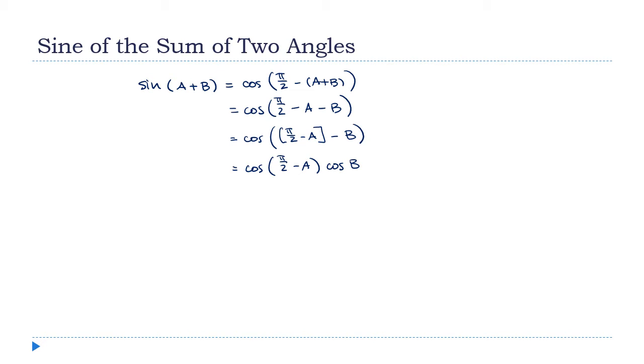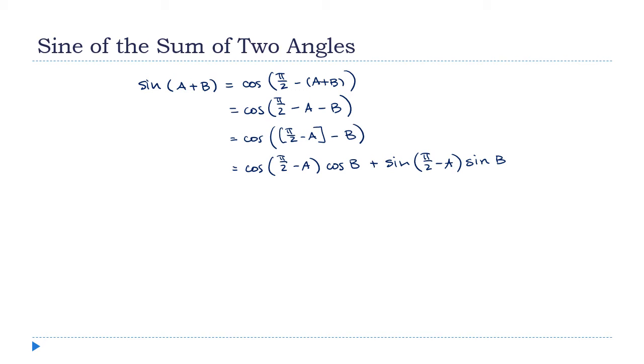Remember what we just talked about. The signs are reversed. So since I have minus in the original, I'm going to do plus down here. The sine of pi over 2 minus A times the sine of B. And now I'm going to use my cofunction formula again.